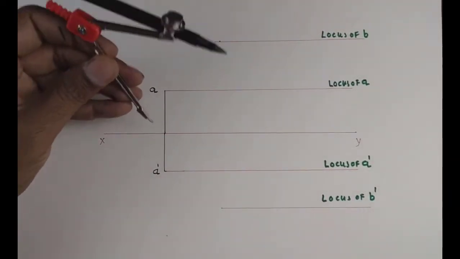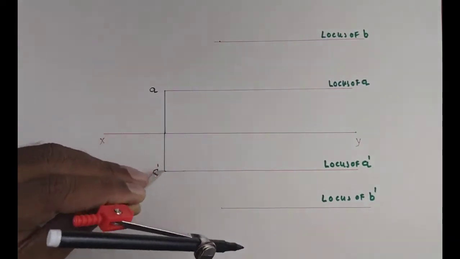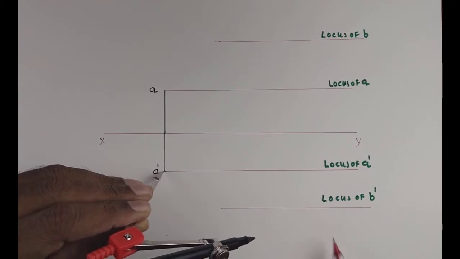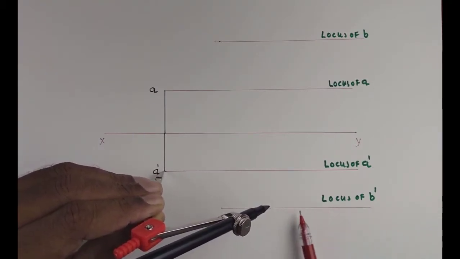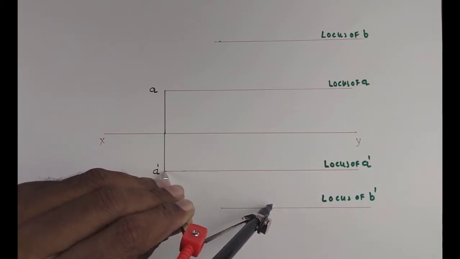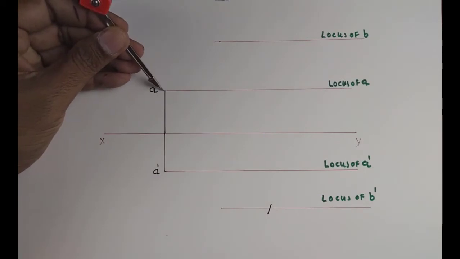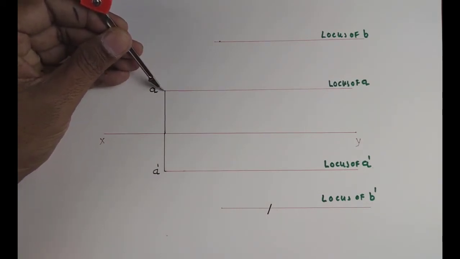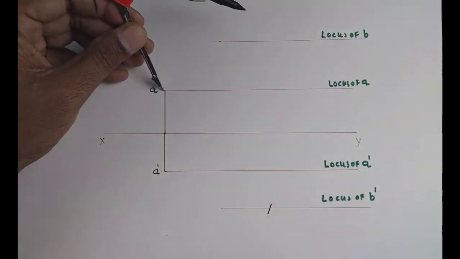First with A dash as center, I draw the arc on locus of B dash, because we are going to arrange the line inclined to HP. Similarly, you take the center A, the plan point, then you draw the arc on locus of plan point B.